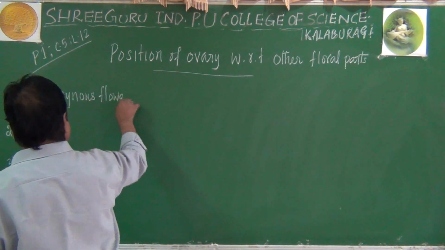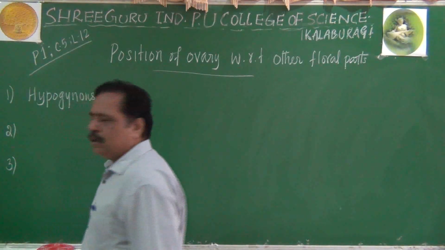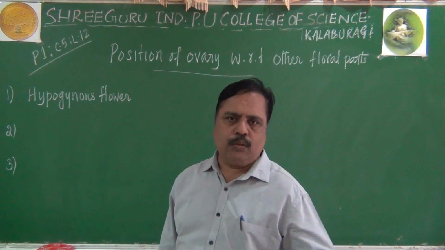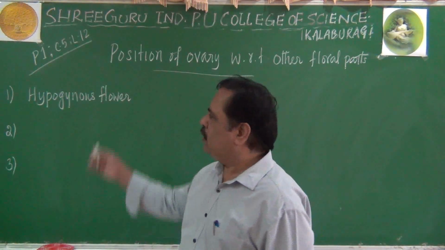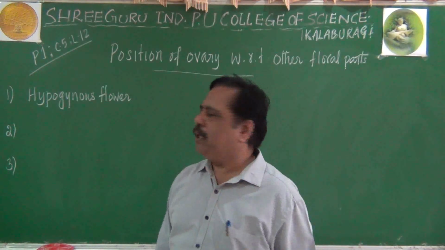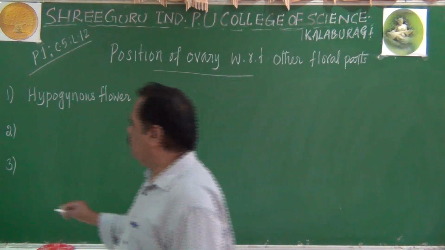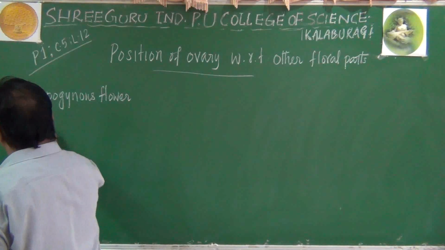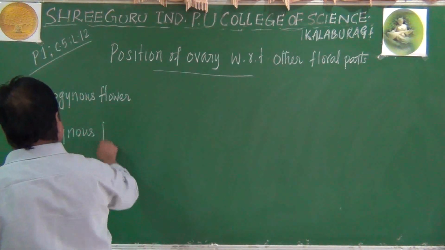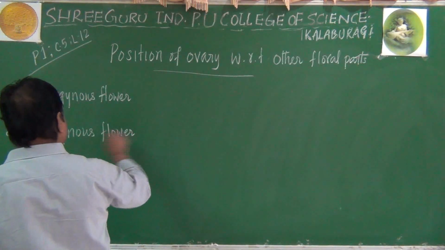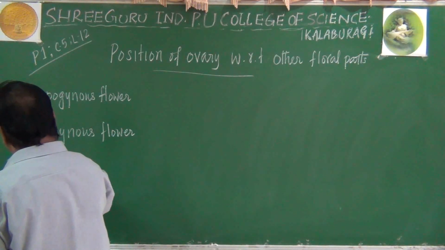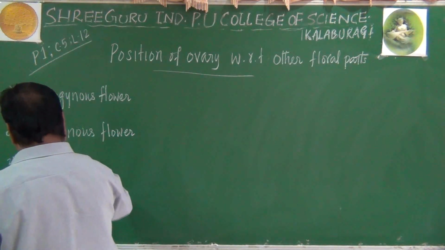Hypogynous flower. Very important for 3 marks, 1 mark questions, even in competitive exams. NEET 2020 has just concluded, and a question was asked based on this topic. This heading, subtopic, hypogynous flower. You must know perigynous flower also. You must know the heading called epigynous flower also.